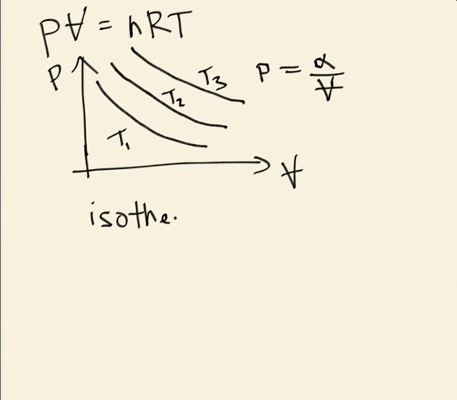So if a process follows a path at constant temperature, so if I start at this point here where I have T1 and I say compress the gas, but I do it so that the temperature remains the same, and that's very specific. I have to make a very special arrangement for that to be true. But if it is true, then I'll just follow this isotherm up to a point 2 on the curve.